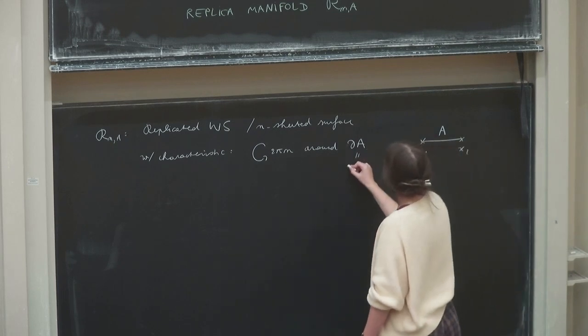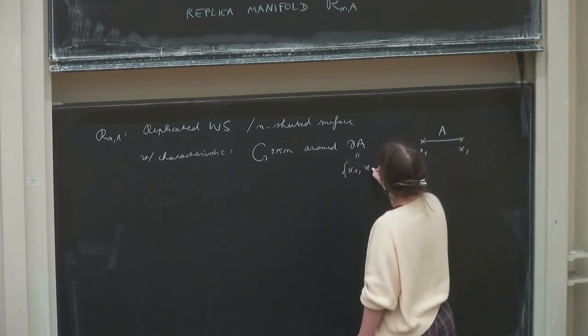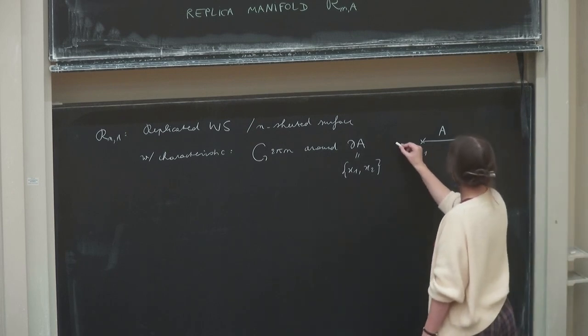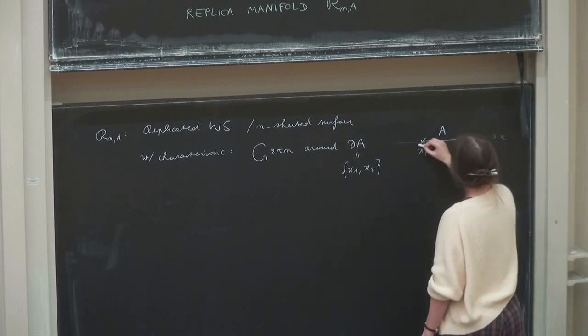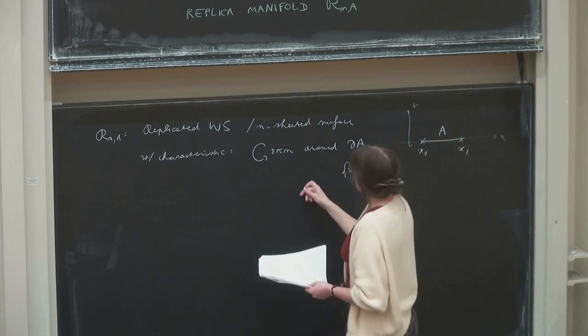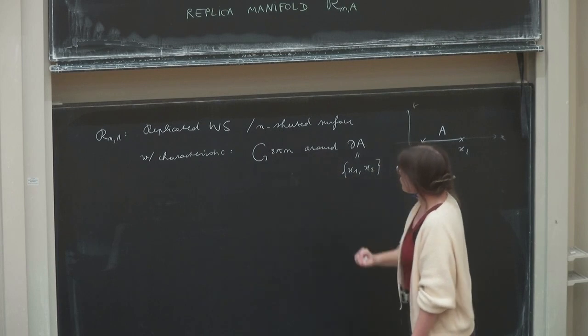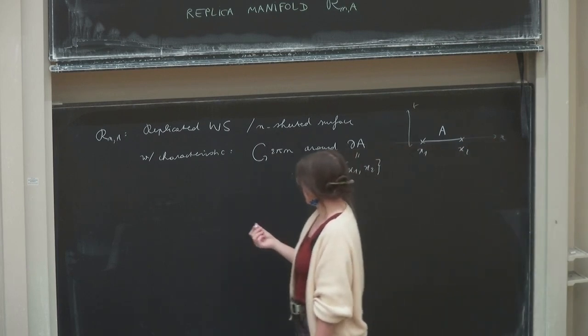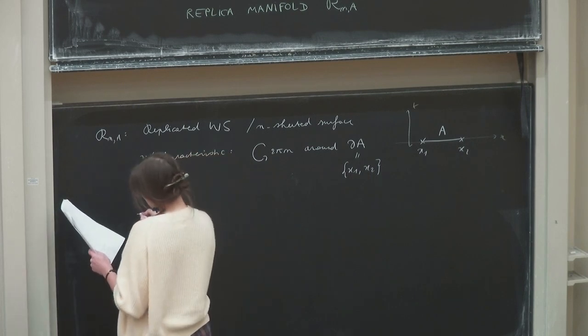So dA is just those 2 points, x1 and x2.